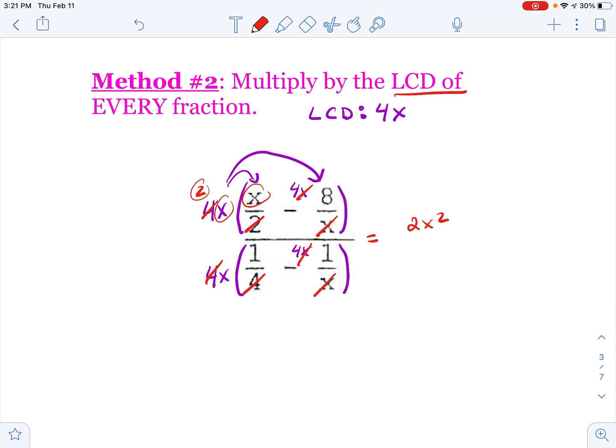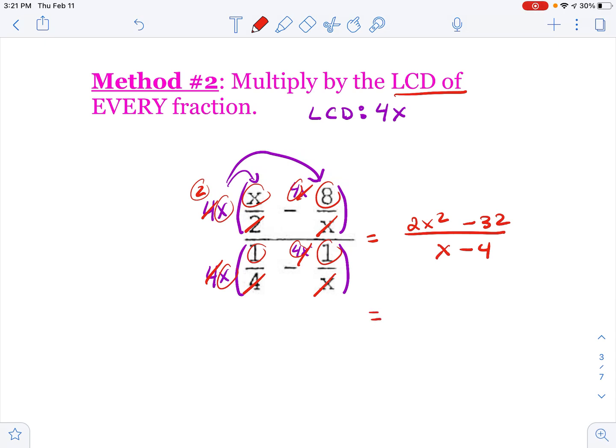In the second fraction, we have just 4 times 8, which is 32. And in my denominator, I have x times 1, which is just an x, and 4 times 1, which is a 4. So now we've eliminated all of these complex fractions into one simple fraction that we can reduce.